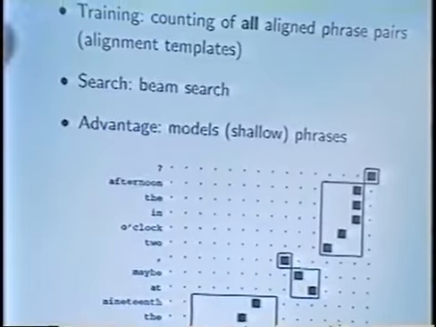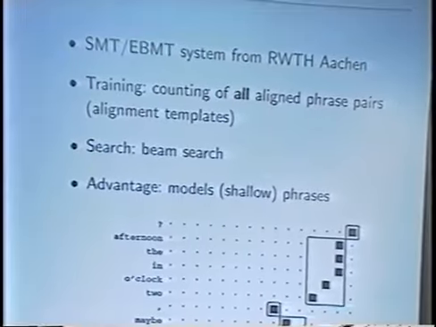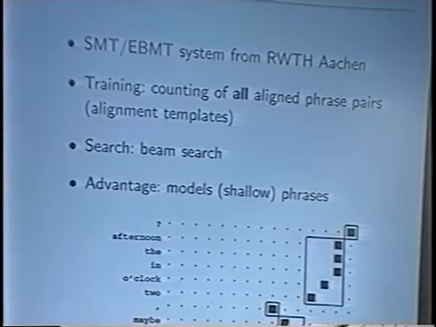And what I've done in my thesis in Erlangen and further developed in Aachen is the alignment template system, which is a statistical machine translation system, an example-based machine translation system, which learns from parallel corpora, and it's based on the IBM Model 2, or an extension of IBM Model 2, the HMM alignment model, which also includes relative alignment probabilities, not distortion probabilities.